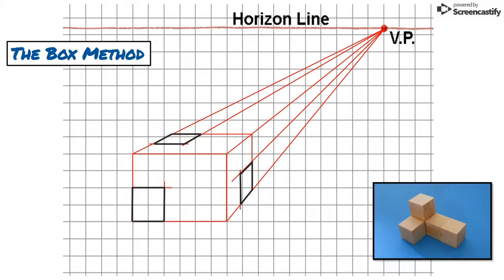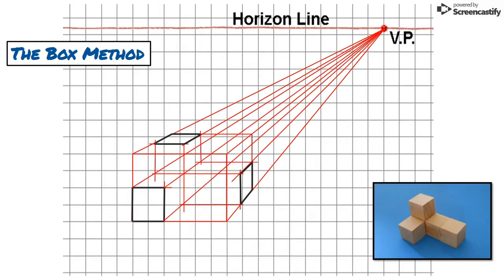Continue to use construction lines to delineate the remaining corners and edges of the object inside the box. Trace over the construction lines with object lines to define the object.